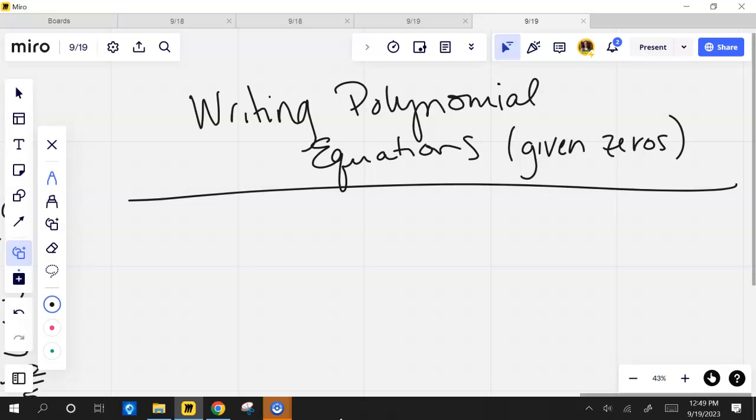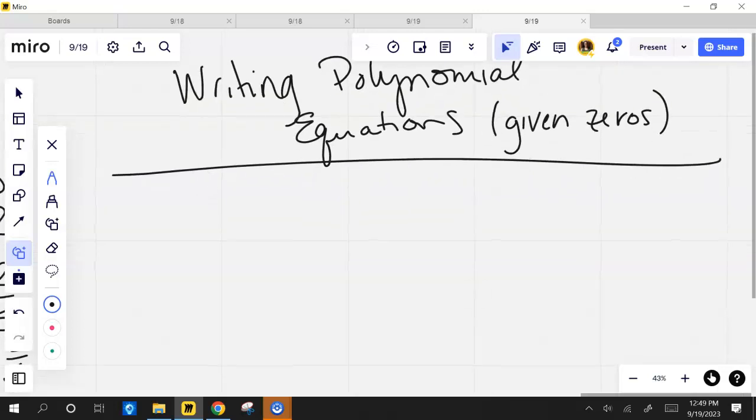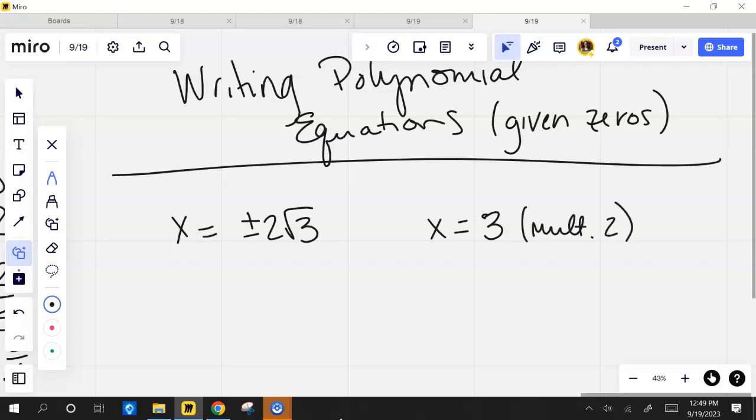Do you want to write word problems? No. No. Write the polynomial in standard form that has those zeros.